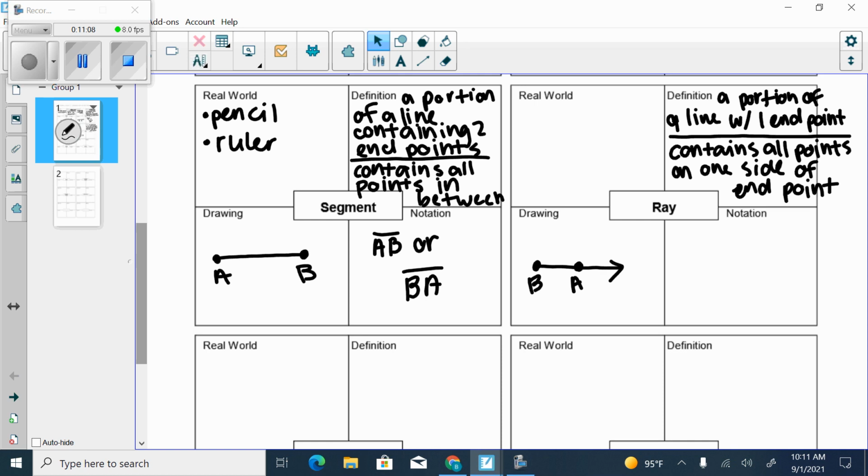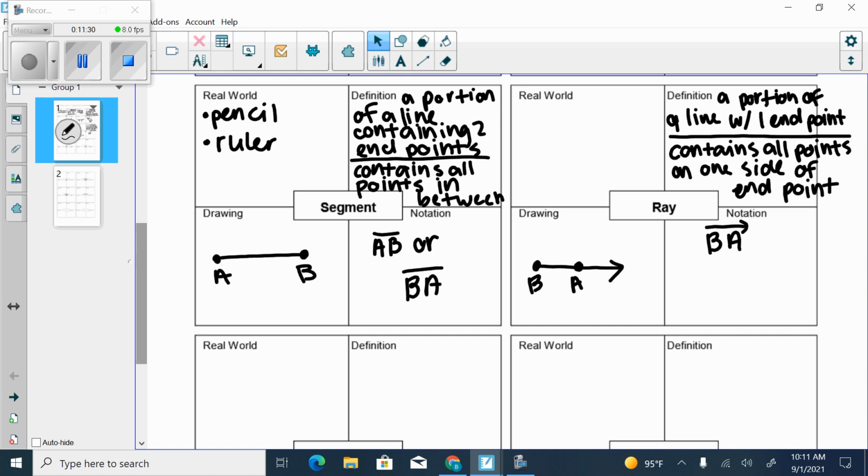Okay, so whenever you want to name a ray, the order does matter. You always list the endpoint first. So the endpoint on this one is B. So I would have to put B and then A, and I draw a line above it with an arrow on one end.